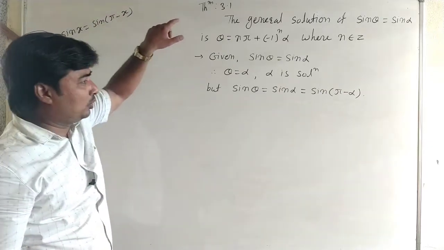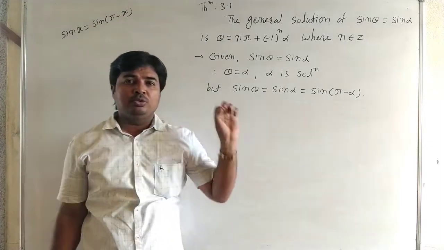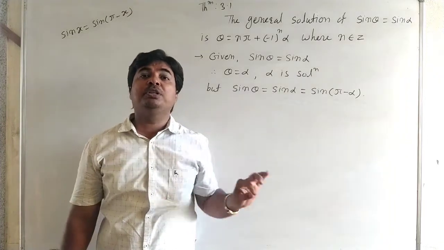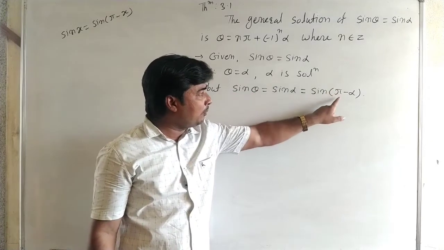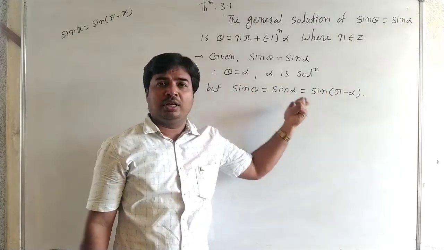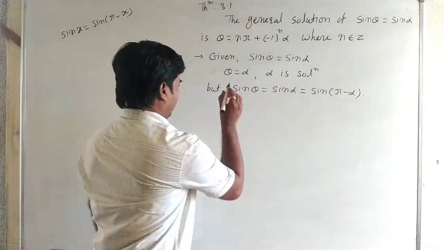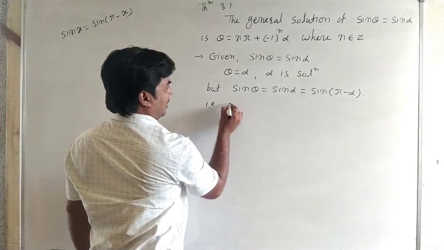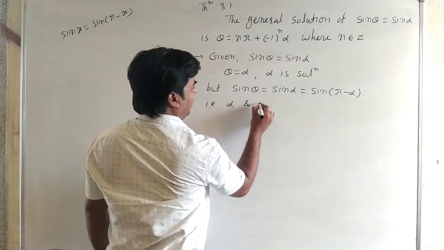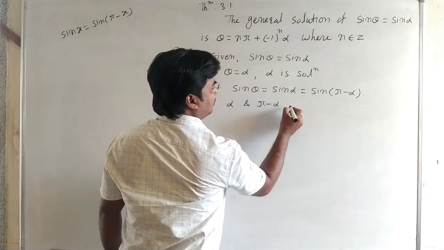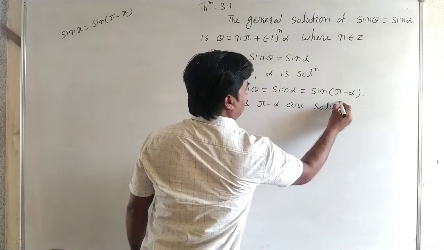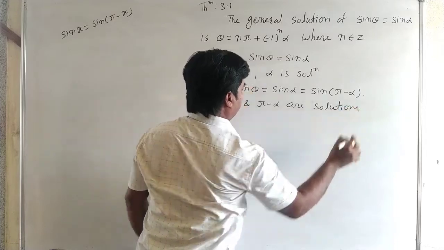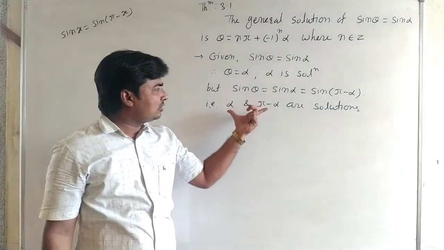This formula we used in the last lecture for finding the principal solution, and here theta is equal to alpha and pi minus alpha, both are solutions, and those are the principal solutions.